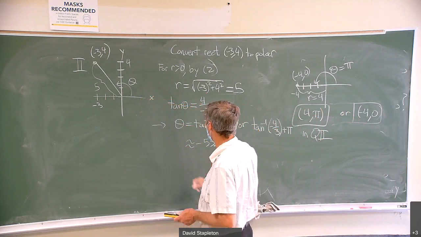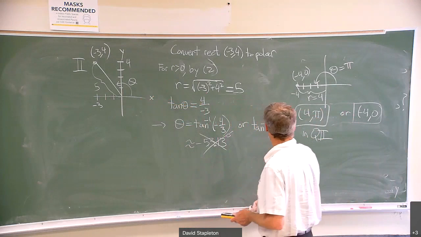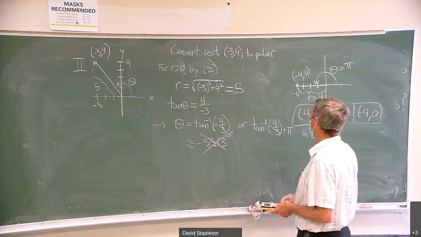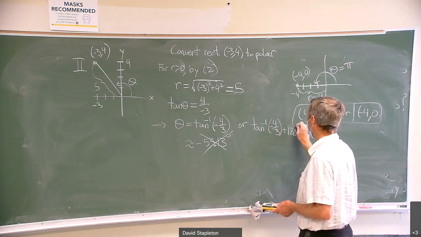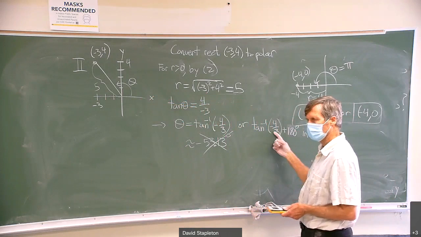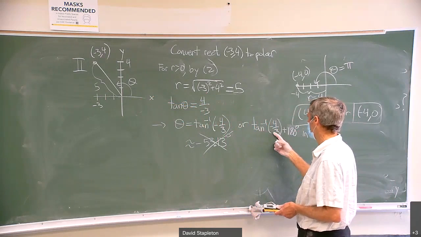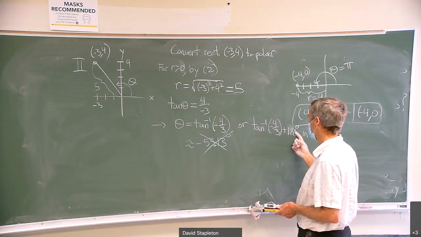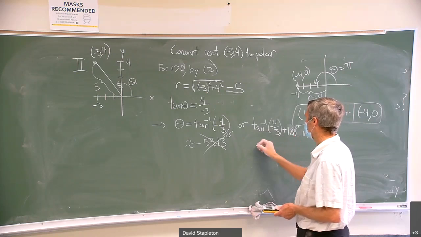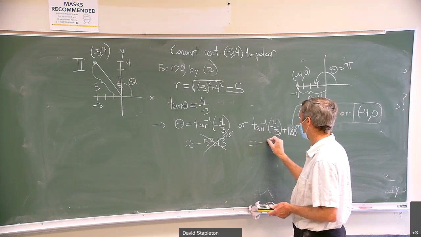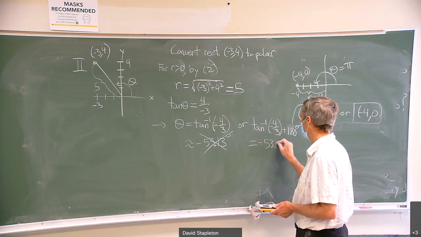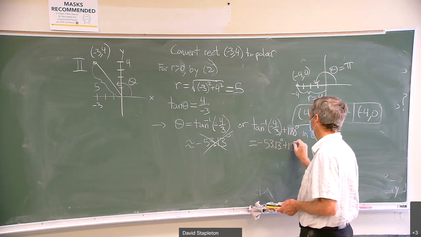That's in quadrant 4. So that's not right. And since I'm doing degrees, I'll add 180 degrees, right? Be careful when you're calculating, right? If you do this arctangent in radians, you want to add pi, but if you're doing degrees, you want to add 180. Otherwise, you'll be adding radians and degrees, it'll be garbage, right? So we want this one, arctangent minus 53.13 plus 180.